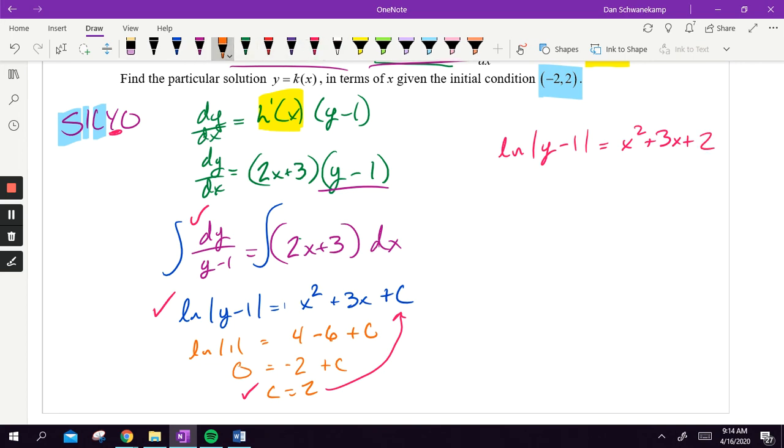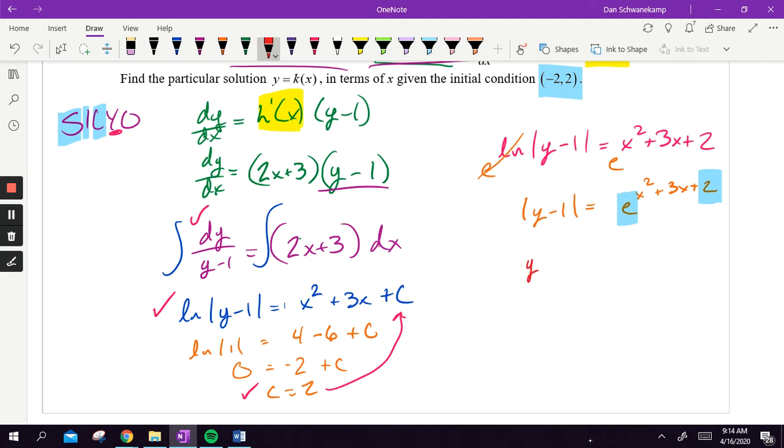Then we're solving. To get rid of natural log, I'm taking the e of both sides. That's going to cancel. So absolute value of y minus 1 is equal to e to the x squared plus 3x plus 2. A reminder that if we've got this e and we've got that 2 right up there, and it's being added, you could multiply by that if you'd like.